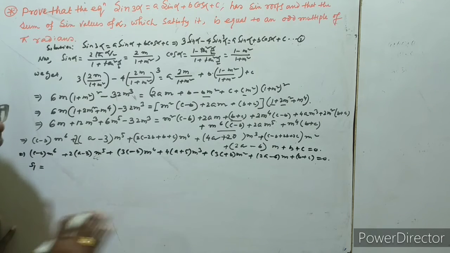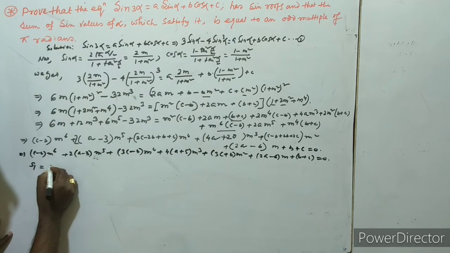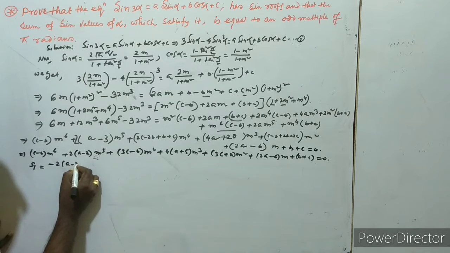So the sum of the roots is minus b by a, from the theory of equations we can write here.